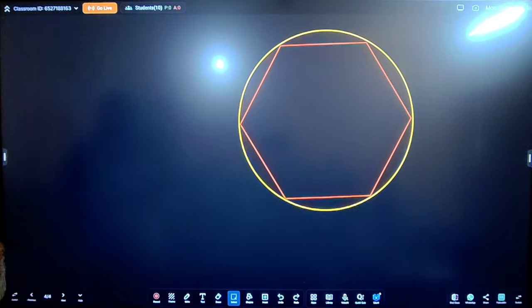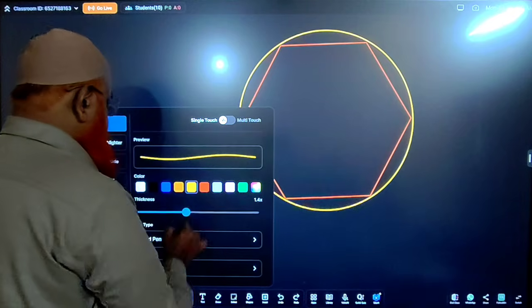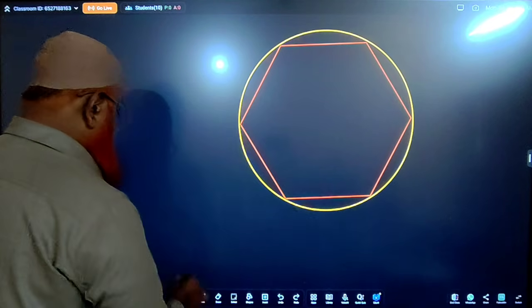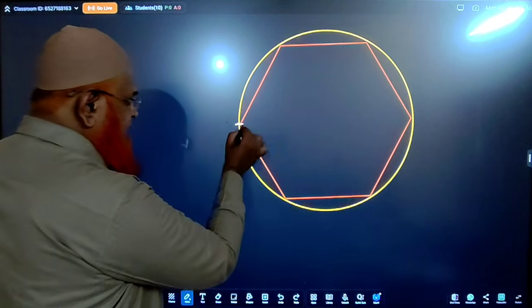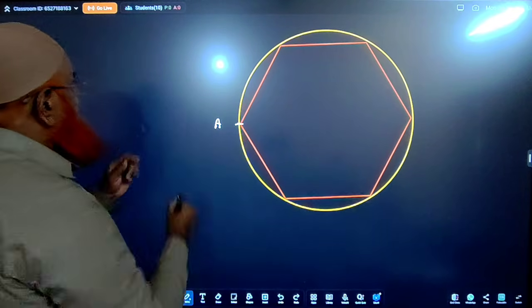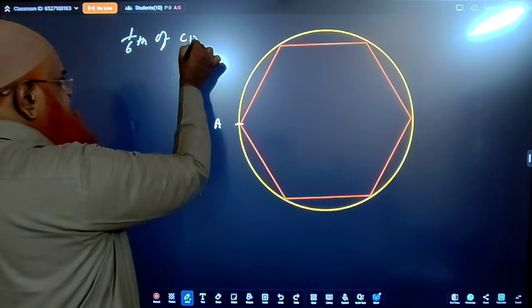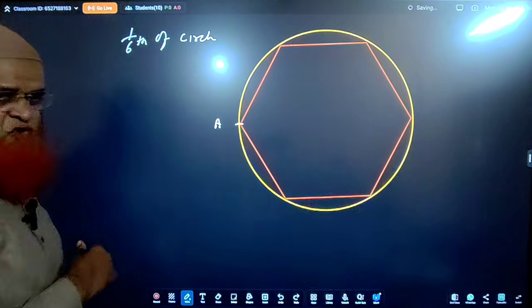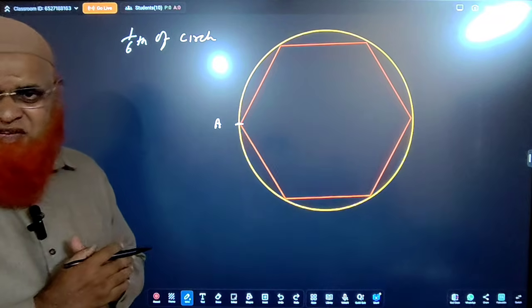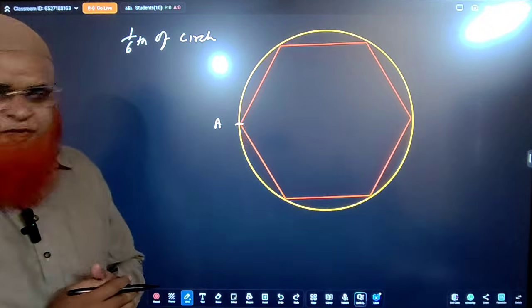Why are you imagining a hexagon? I will discuss that also. Here, if you observe, this is going to be the starting point A, and it is divided into 6 parts. So now 1 by 6th of a circle. Previously it was 1/4, and finally 1/6 of a circle. If you consider what is going to be the distance and what is going to be the displacement.